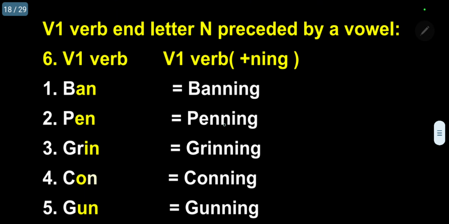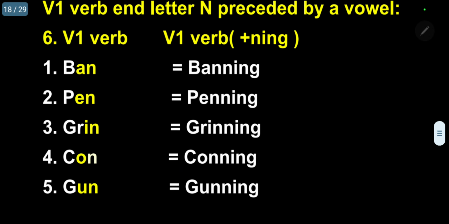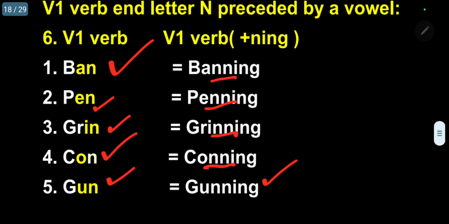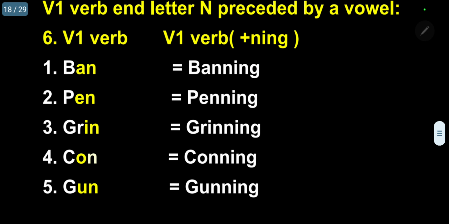Next one, N. The next letter is N. Pan, panning, double N. Pen, penning. Win, winning. Corn, corning. Gun, gunning. As usual, double N. See, A, E, I, O, U vowels. It obeys.